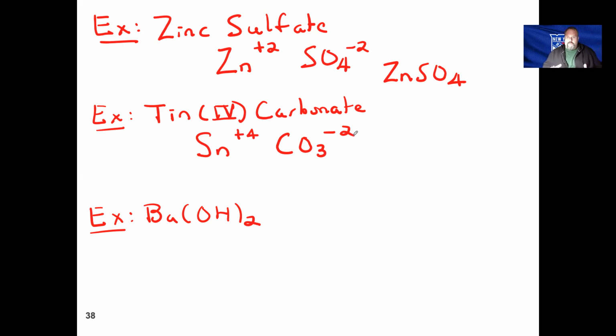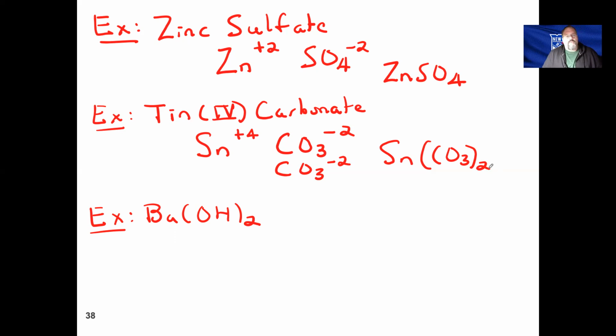And the answer is no. I have a +4 and a -2. In order to get the overall charge to add to 0, I need another carbonate ion. Because now I have +4 and I have -4. Now the overall charge adds to 0. So what do I have? I have Sn parentheses CO3, 2. And notice that I put the CO3 in parentheses because there's more than one of it. There's 2 of them here in this example.